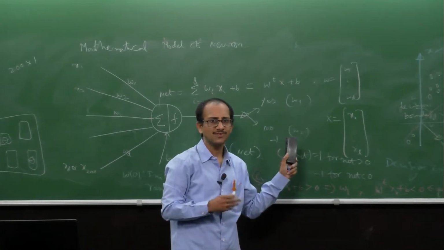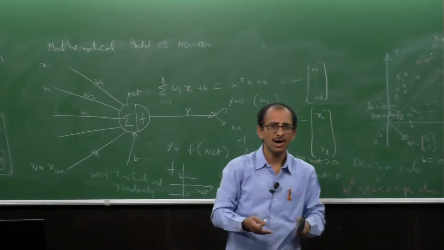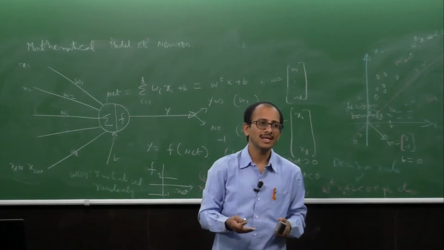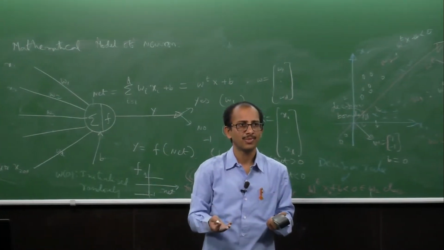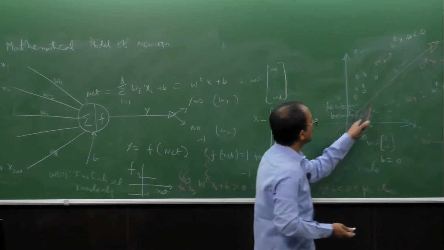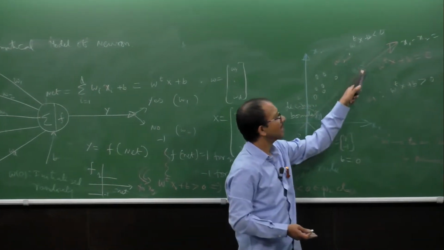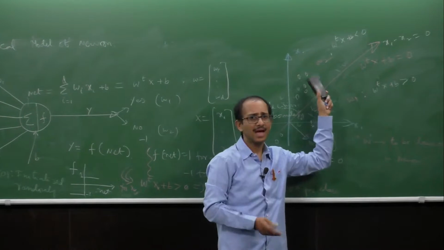It may not happen. In that case, what is the learning procedure we have to come up with? We need some method by which we adjust this decision boundary such that all class 1 samples are on one side and all class 2 samples are on the other side.